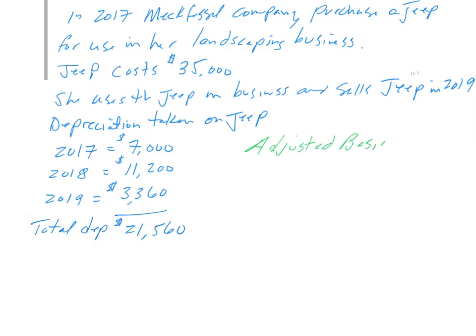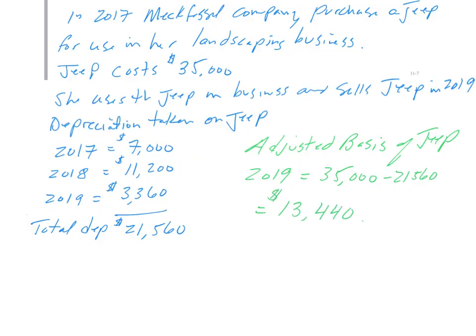Adjusted basis of Jeep in 2019 is going to be equal to our original price minus our depreciation taken, which is going to be equal to $13,440. Okay?